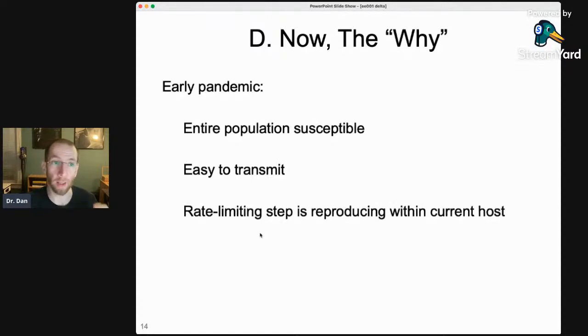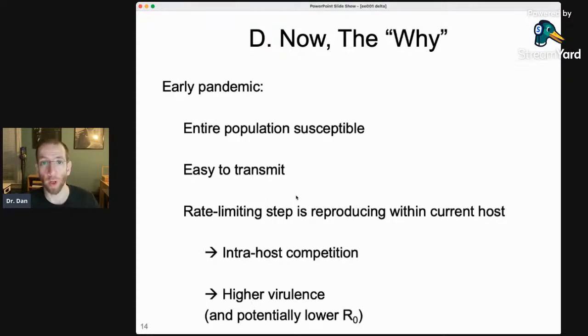This means the rate limiting step, the step that is hard for the virus, and I'm going to personify the virus, right? If you're competing, the step where you are likely to lose in your competition is reproducing within the current host. If there is a variant within the current host with you that infects faster than you, that is where you might lose.